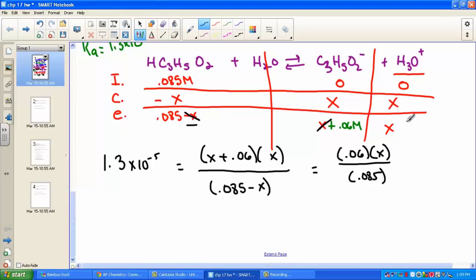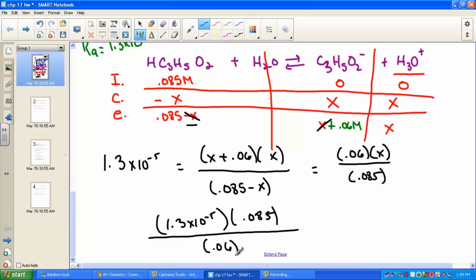X, remembering, is our target. We'd like to know hydronium so we can find the pH of our solution. So 1.3 times 10 to the negative fifth times 0.085 over 0.06 isolates our x variable. Hit that with me so I can be sure we get a common answer.